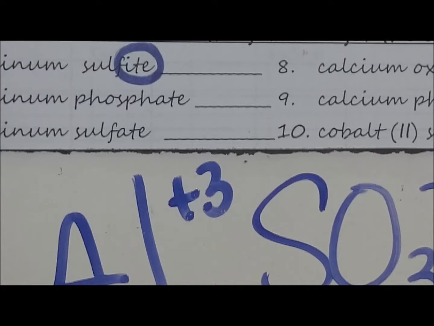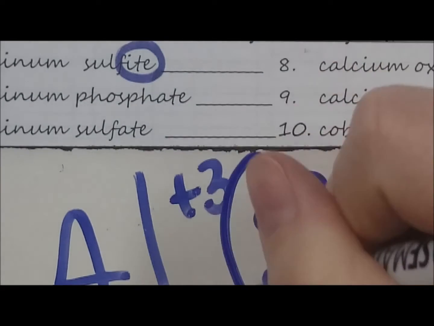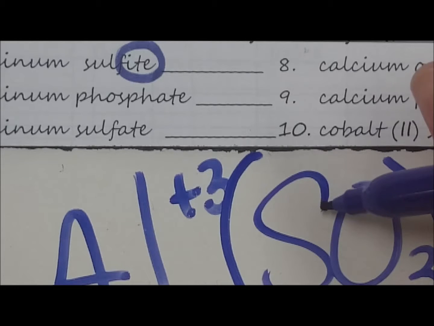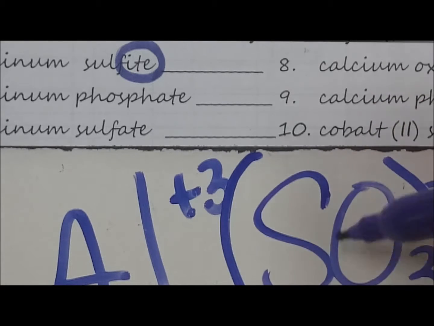The difference is that you're going to treat this SO3 like one whole thing. Okay? Think of the S as being the first name and the O3 as being the last name. You cannot change this 3. If you change the 3, you're changing what it is.